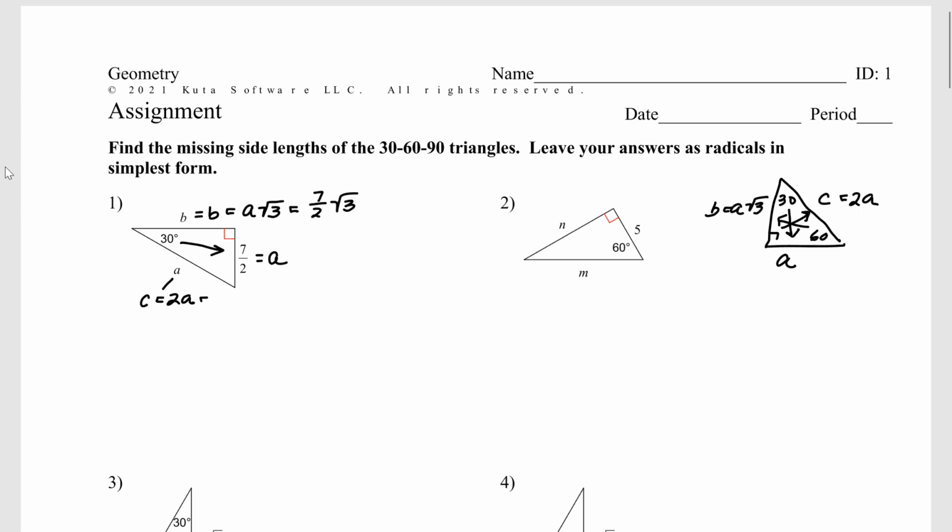And so that is my 7/2 times 2, which is the same thing as 7. So that was using A as my given information.